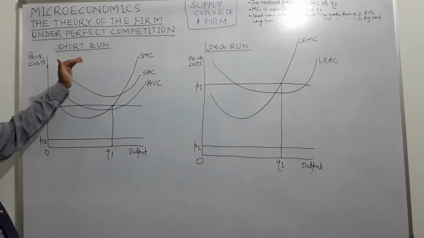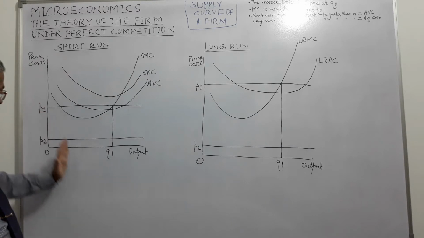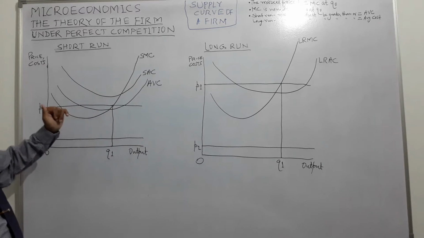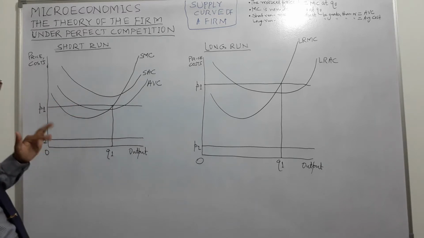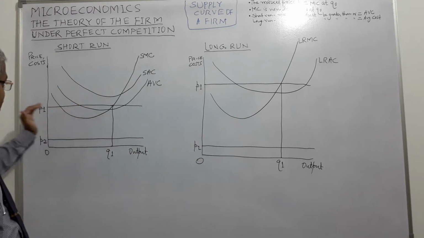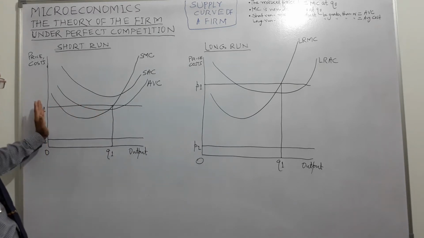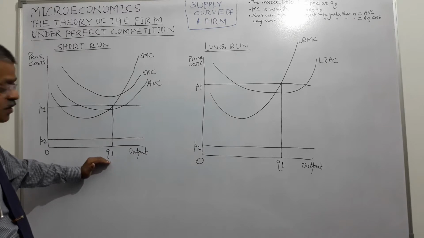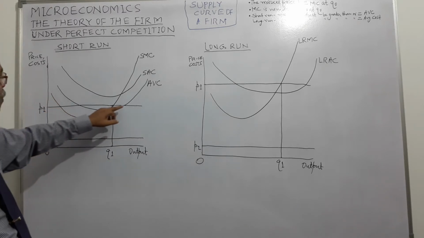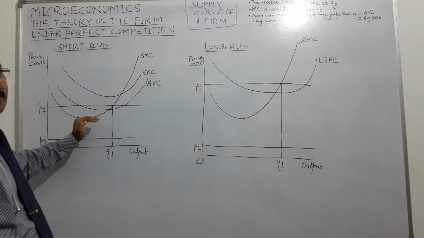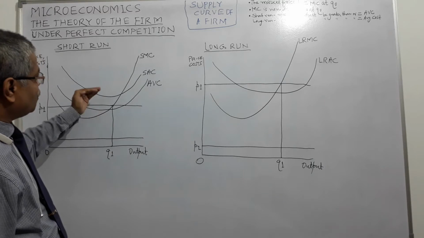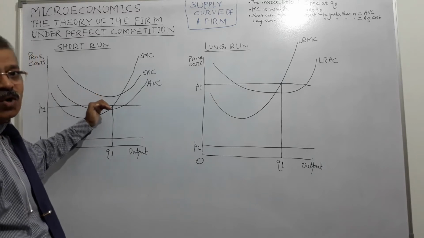In the short run, at P1, our output becomes Q1, and then we analyze this. We see whether the three conditions are met or not at this level of price and output. OP1 of price, OQ1 of output. So we see that average variable cost is below P1, the market price, or market price is above average variable cost.